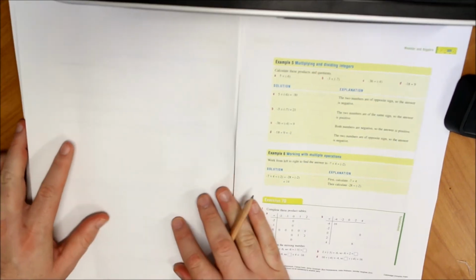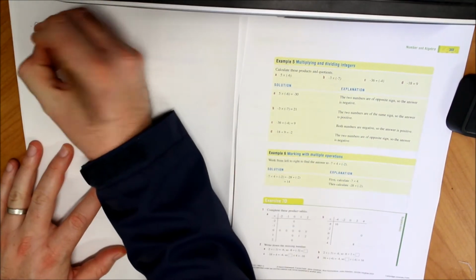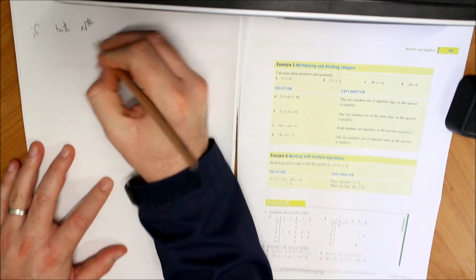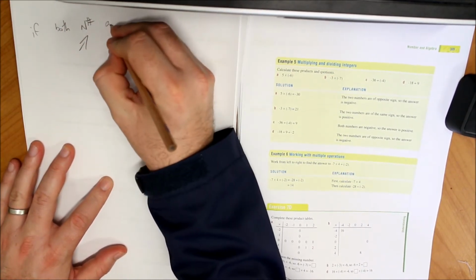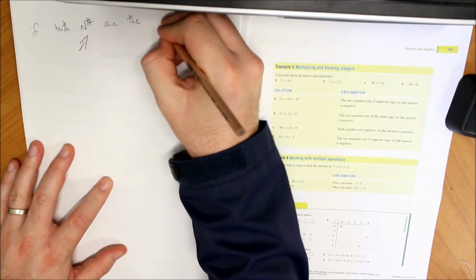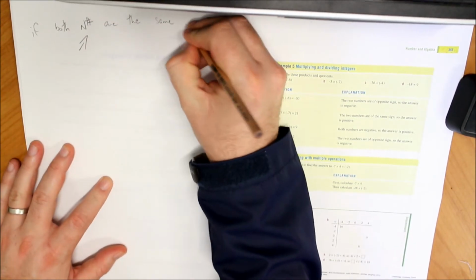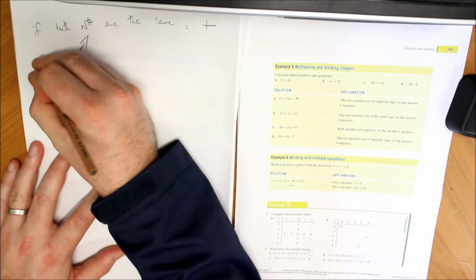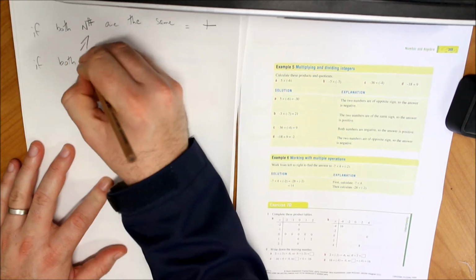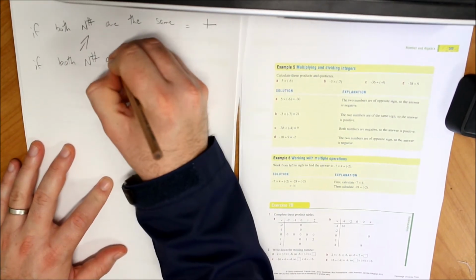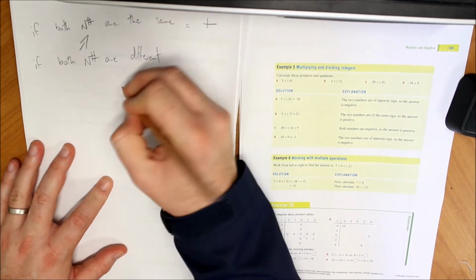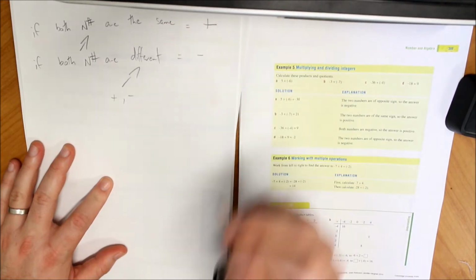So, to simplify that down, if both numbers, that's my short way of writing numbers, are the same, you get a positive. If both numbers are different, and by different we mean a positive and a negative, you end up with a negative number.